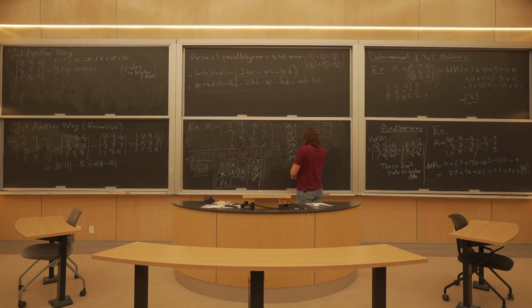Maybe I'm overcounting here. 2, 3, 4. 2, 4, 3. Let me see. 1, 2, 3, 4, 5, 6, 7, 8. I have 8 terms here. 4. Oh yeah, it is correct. Sorry.